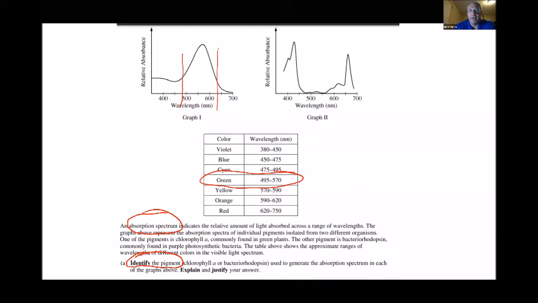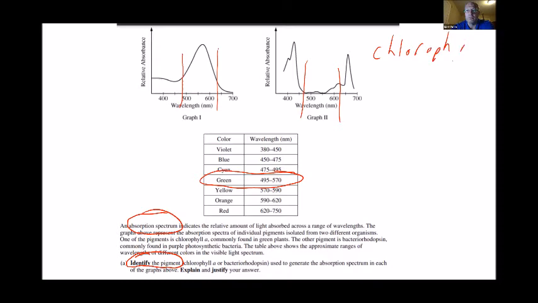But if we go over to graph 2, notice that between 500 and 600, they're not absorbing that at all. When they're not absorbing, they're reflecting. So graph 2 is showing us something that's reflecting green light, a green plant. That's chlorophyll A. Would help if I spelled it right. Now, let's think about what's going on with the other one here.